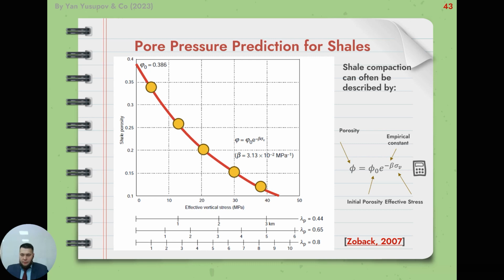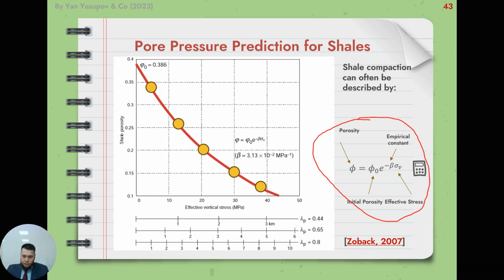And note that the application of moderate effective stress results in marked porosity reduction. Shale compaction data, such as that shown in the picture, can be described by an exponential function. This is the function shown on this slide.